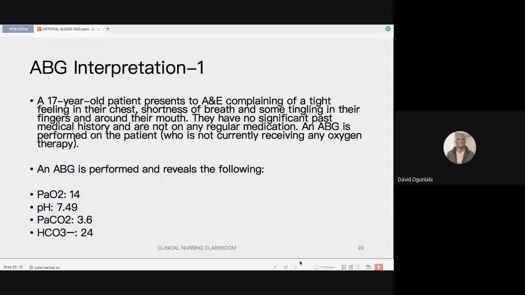Anyone to answer that question? There is respiratory alkalosis going on in the body. Okay, Risikat, you can talk, just unmute and speak if you want to speak. What response do you expect from the metabolic? Do you expect that the bicarbonate will be high or low?